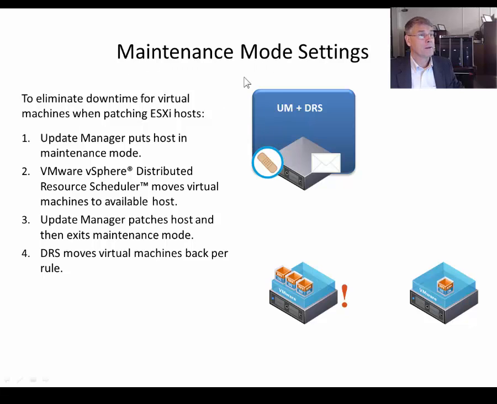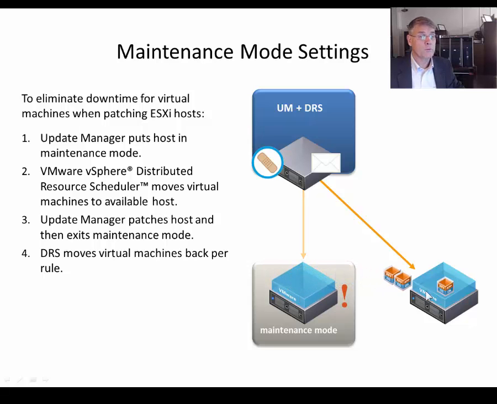Let's look at the maintenance mode operation. To eliminate downtime for virtual machines when patching ESXi hosts, we have 4 steps. Step 1, Update Manager puts the host in maintenance mode. Step 2, the distributed resource scheduler moves the running virtual machines to another ESXi host so they will be available to the users.